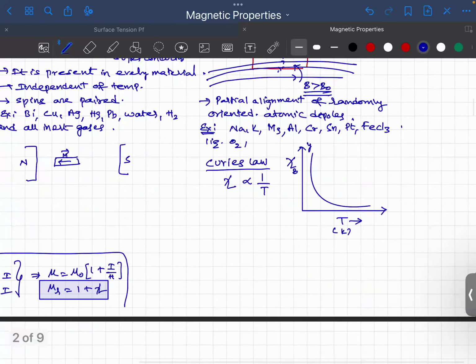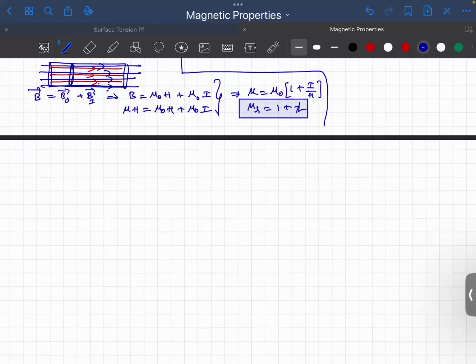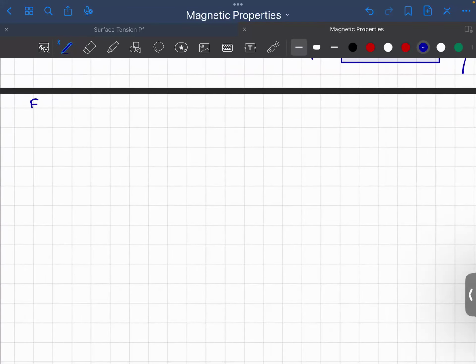Next comes ferromagnetic substances. See, unlike paramagnetic substances, in ferromagnetic substances you will find small volume regions where the entire volume of that particular portion will have a dipole moment in a specific direction.